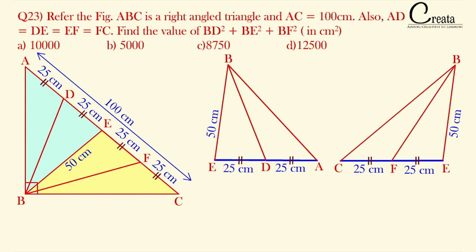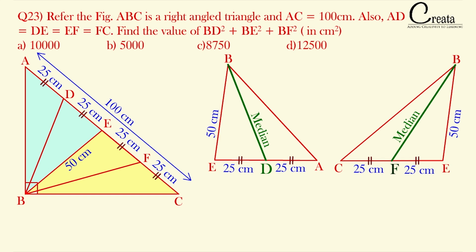AE and EC are the bases of both these triangles. Point D is the midpoint of AE and point F is the midpoint of EC. So can we say BD is the median for the first triangle and BF is the median for the second triangle? BD and BF are the medians for both triangles.